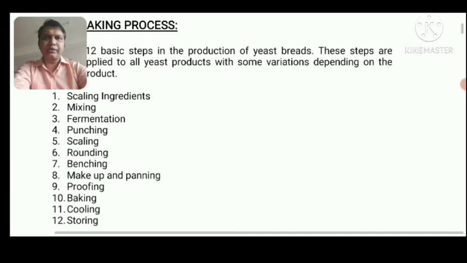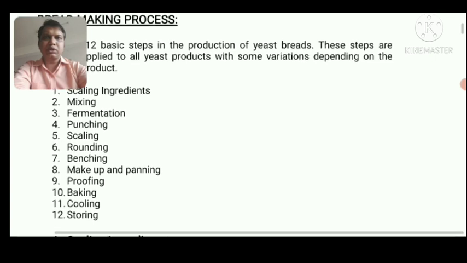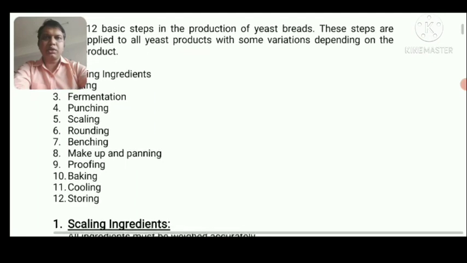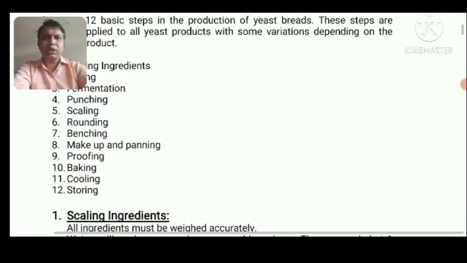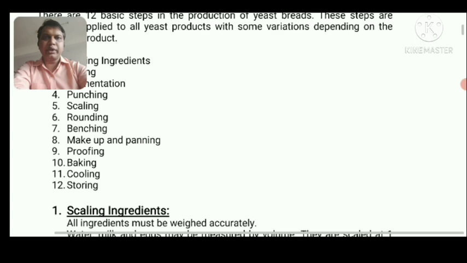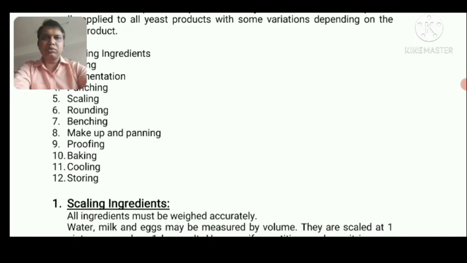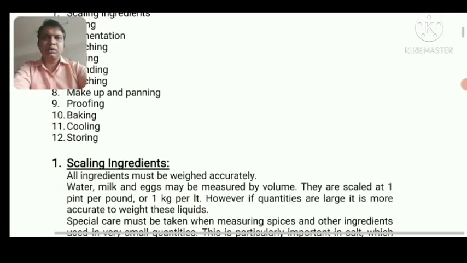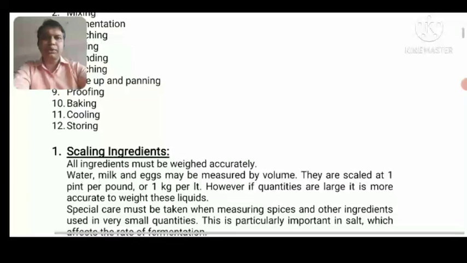First is scaling ingredients, second is mixing, third is fermentation, fourth is punching, fifth is scaling, sixth is rounding, seventh is benching, eighth is making up and panning, ninth is proofing, 10th is baking, 11th is cooling, and 12th is storing. So these are the 12 steps which we need to follow.